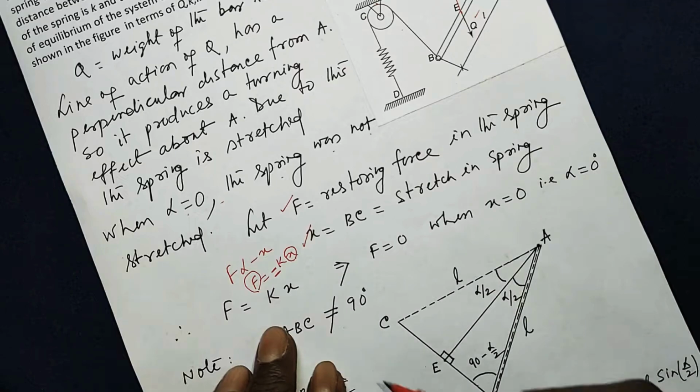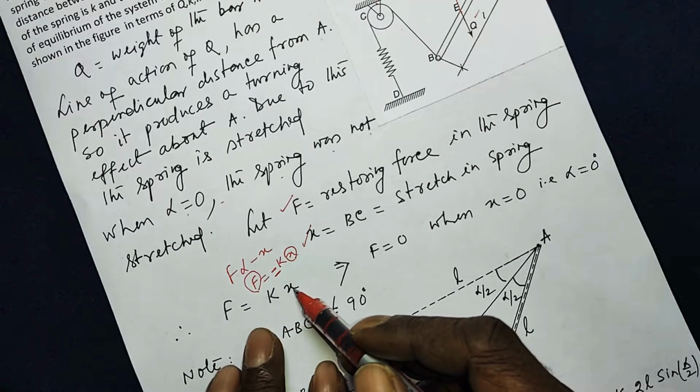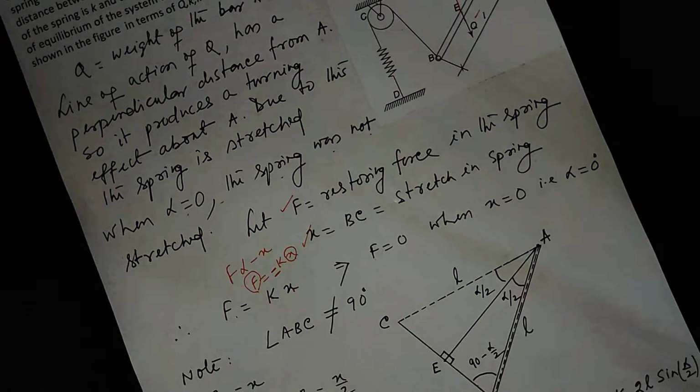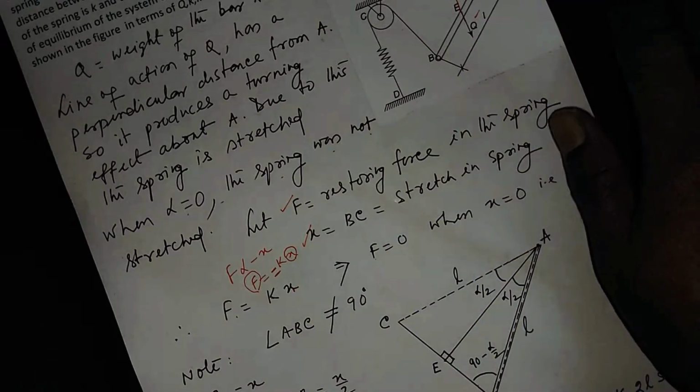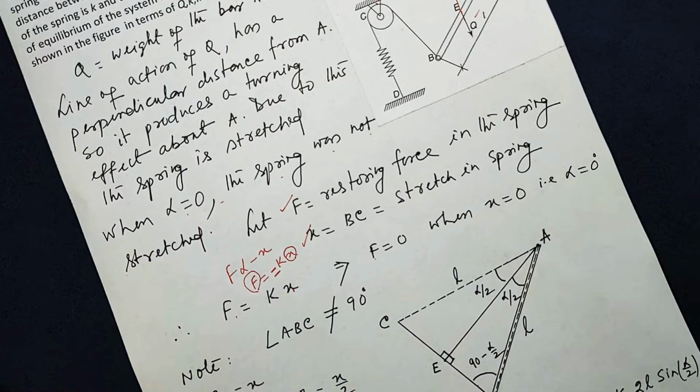When x is 0, there is no stretch produced in the spring, then 0 times K is 0, so F is 0. Sorry, the video got slightly less visible because the light went off.